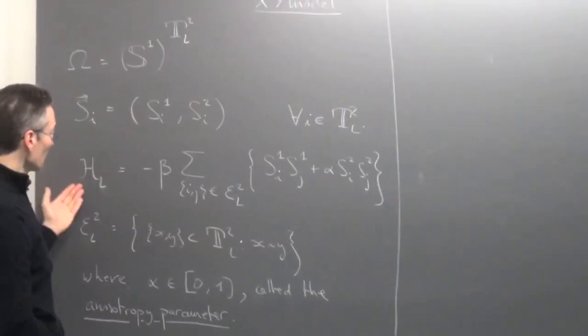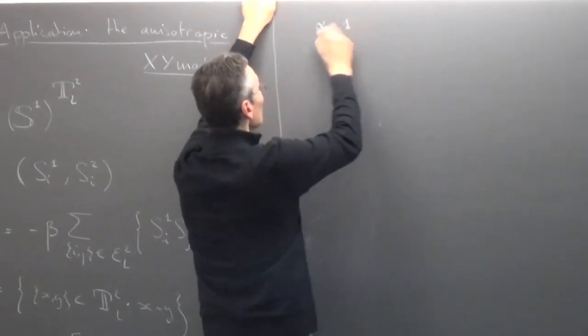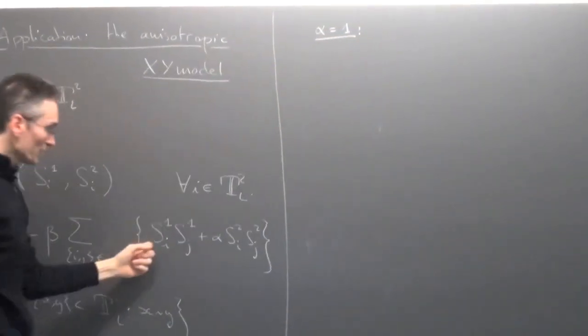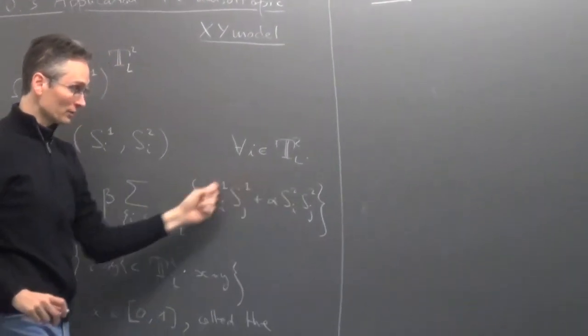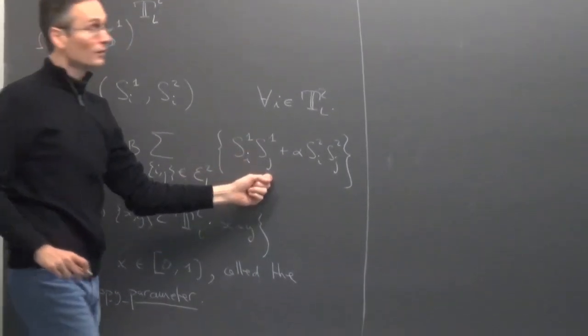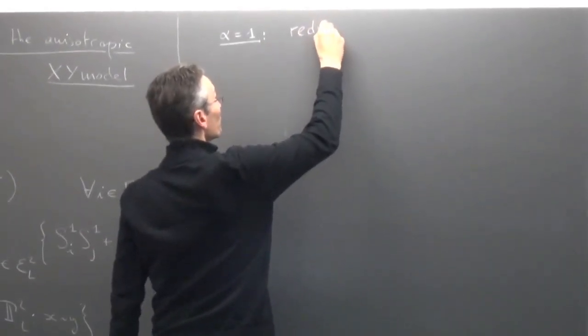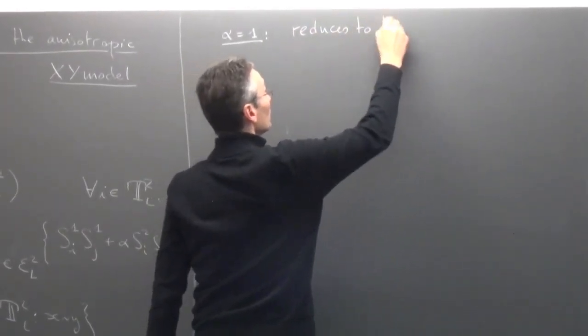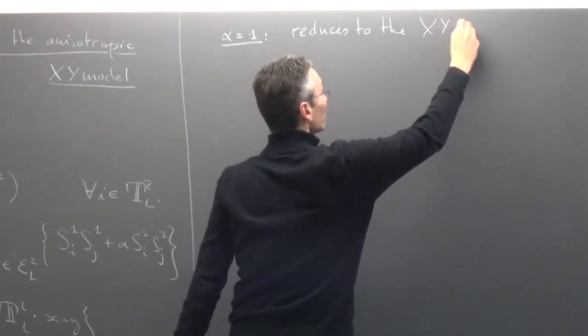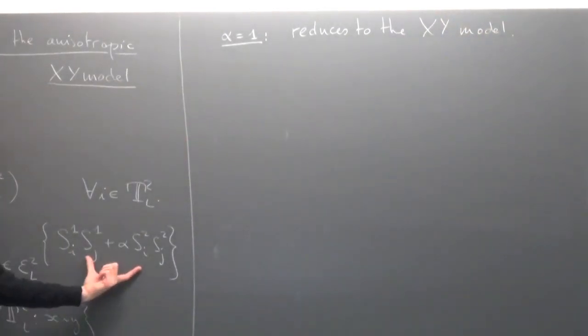So the Hamiltonian, if I put alpha equal to 1, here we just recover the scalar product of Si and Sj. So when alpha equals 1, this reduces to the usual XY model, because this is just the scalar product.